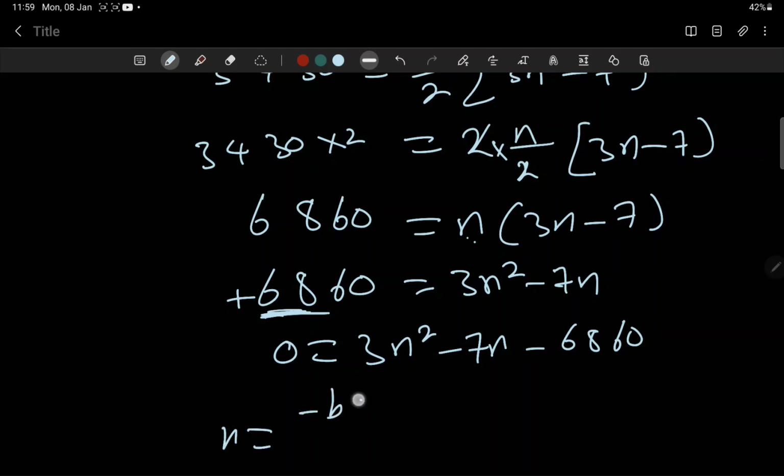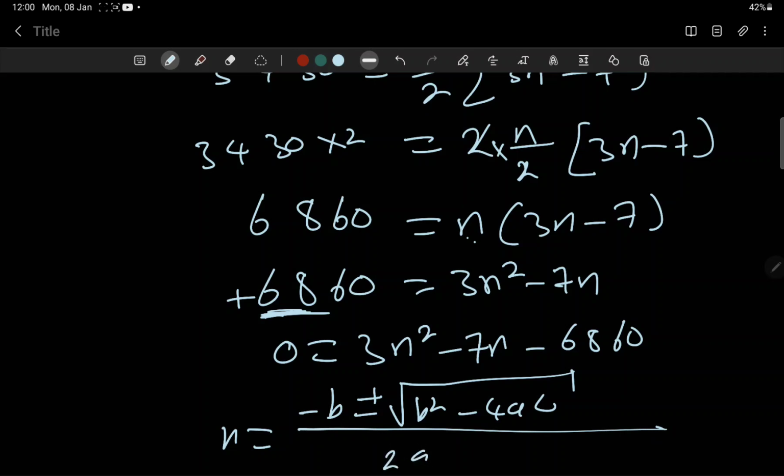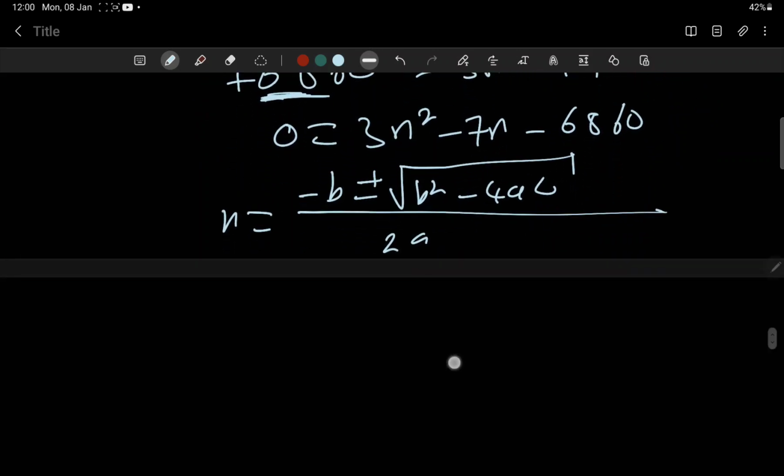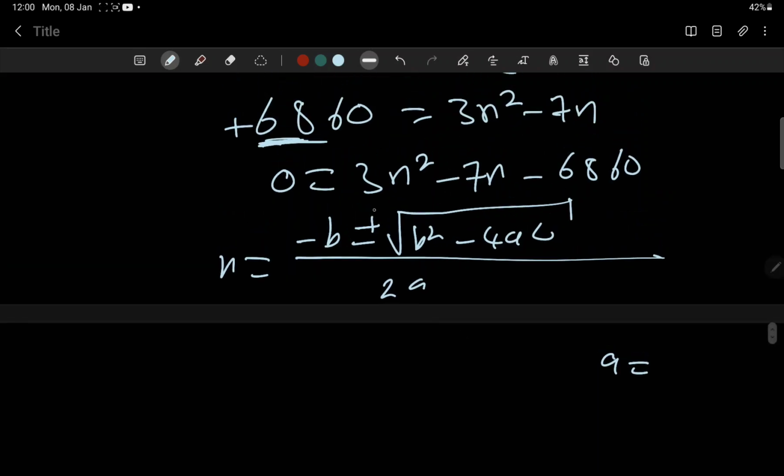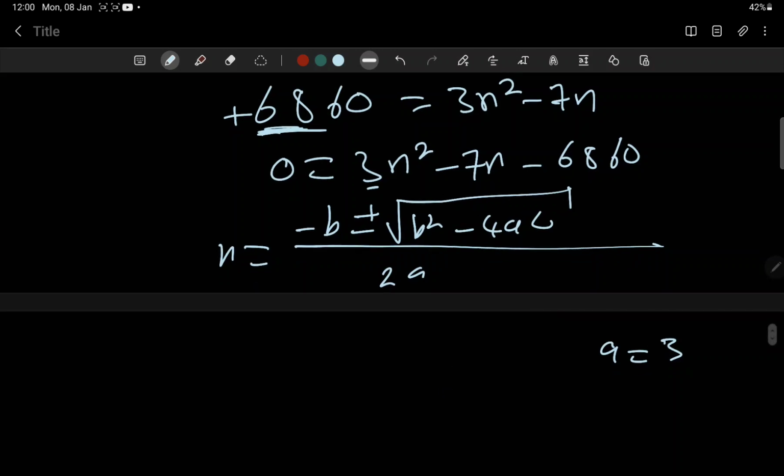N equals negative b plus or minus the square root of b squared minus 4ac, everything over 2a. Then a is the coefficient of n squared, that's 3. Then b, the coefficient of n, is negative 7. C is the constant term, negative 6,860.